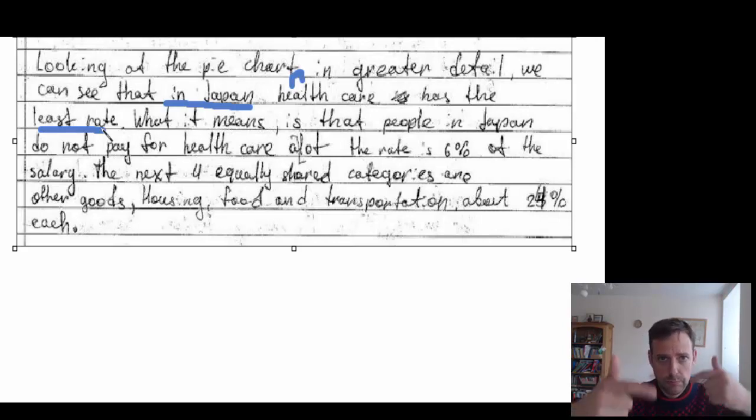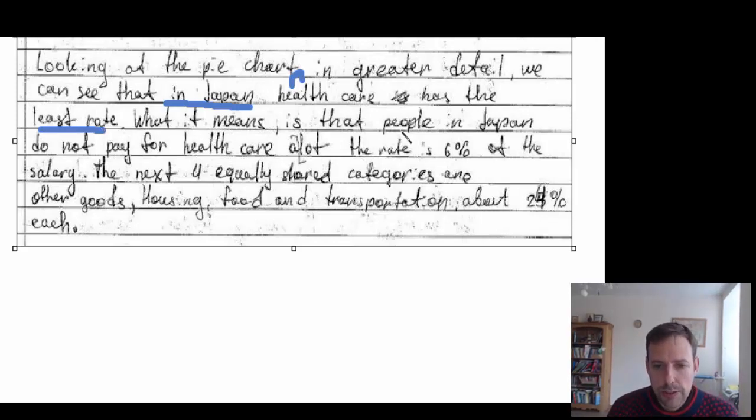That would make the flow of ideas a lot better. So again, flow of ideas is connected with coherence and cohesion organization, but there is some overlap, there's some connection between the two first criteria, how well you answer the question, how you organize your ideas.